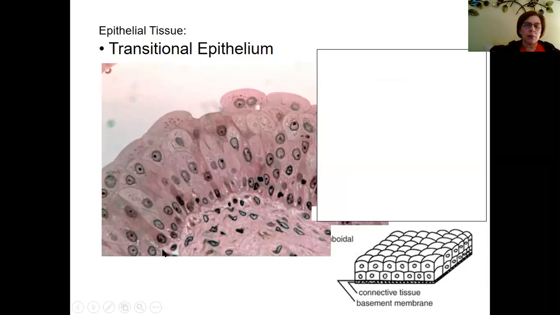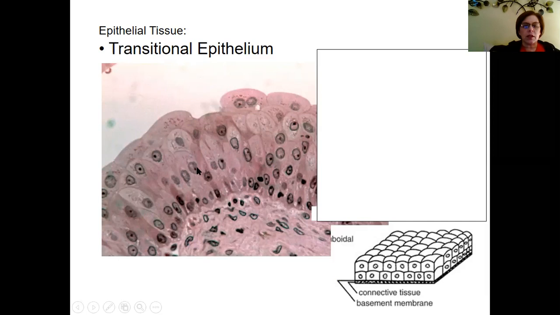First of all, this is my basement membrane, so this is going to be my apical surface at the top. The cells look almost oval. In the middle, to me, transitional epithelium looks like peacock feathers.